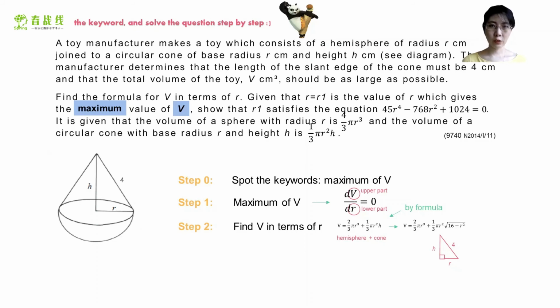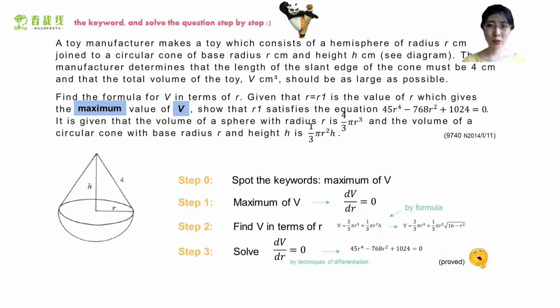We then plug this expression back into the original equation to get V equals to something to do with r. And great, we are now at the final step, which is to perform the differentiation and calculate dV/dr. If you haven't learned how to perform the differentiation, you can refer to my class on the techniques of differentiation. And before you realize it, you have solved the question.